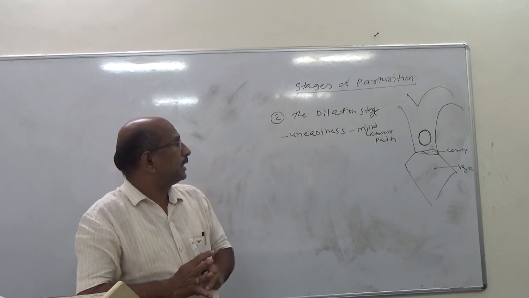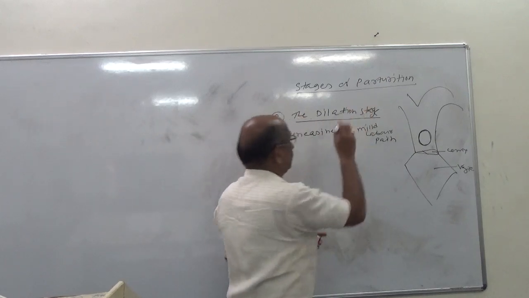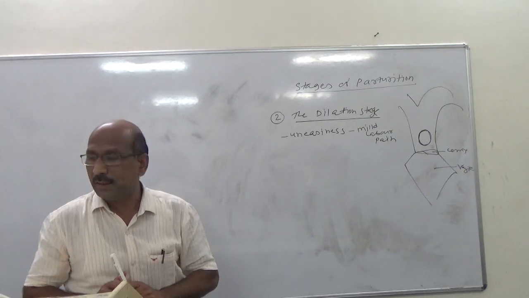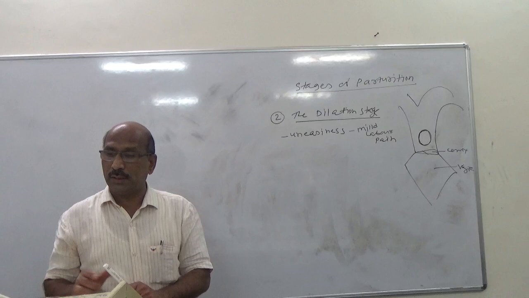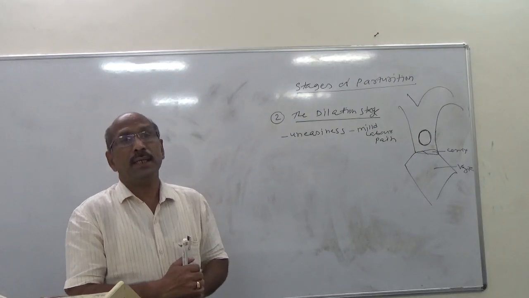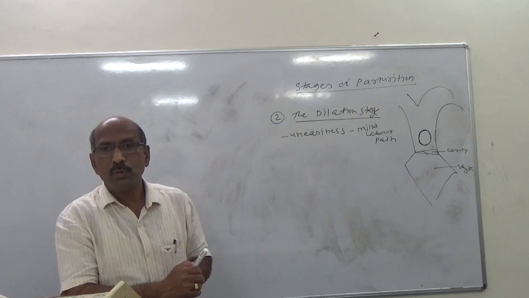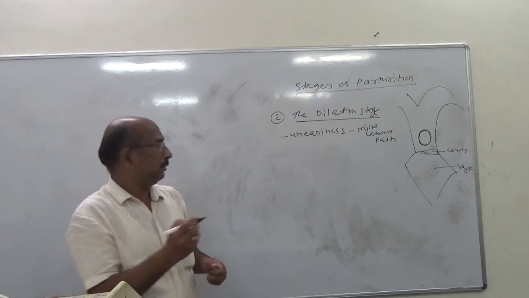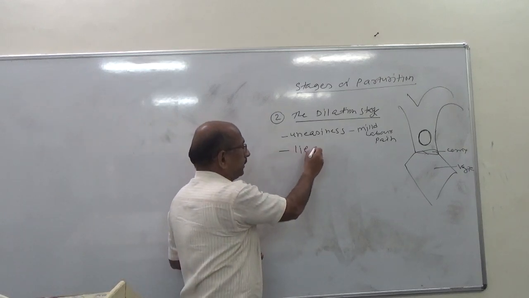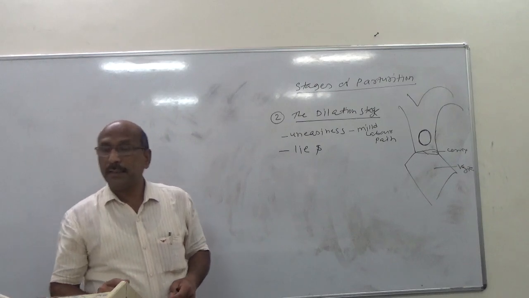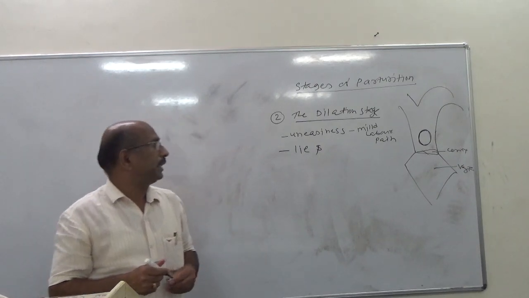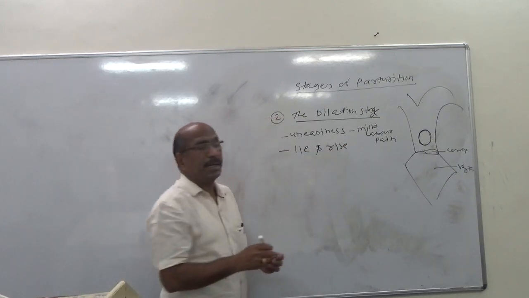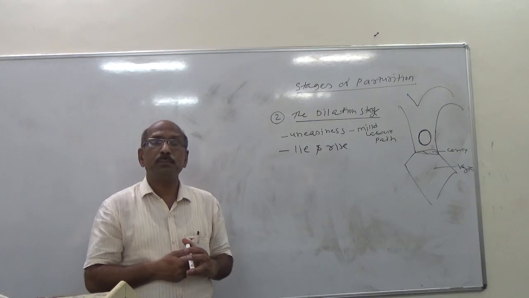In the dilation stage, the animal is somewhat distressed and may show signs of pain in the abdomen. The cow lies down and rises again. As the pain becomes more acute, the cow lies down and rises again several times.